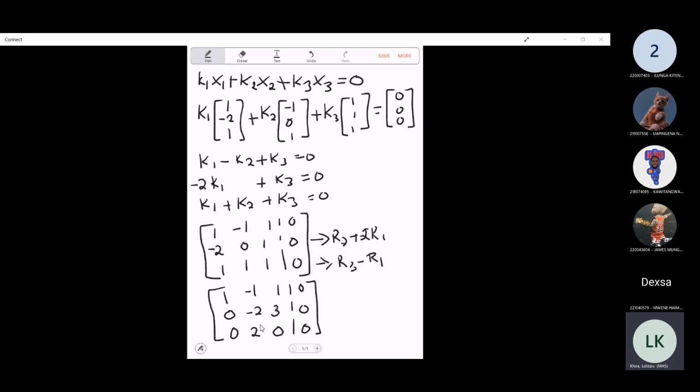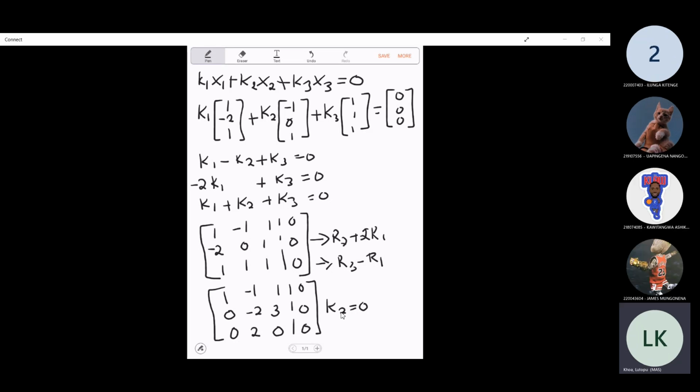So here we can clearly see that K2 is 0, because we have 2 K2 is equal to 0. That means K2 is 0. But we just continue. I'll say divide this by 2.